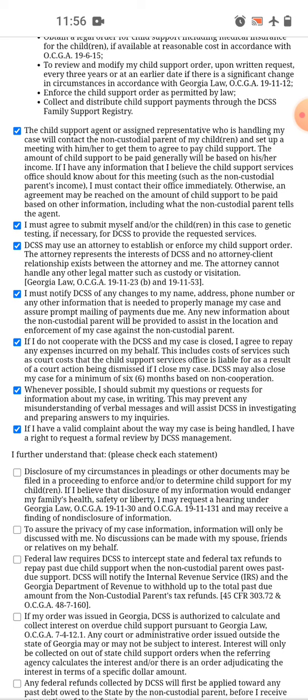If I close my case, DCSS may also close my case for a minimum of 6 months based on non-cooperation. See there? You have to cooperate with them.